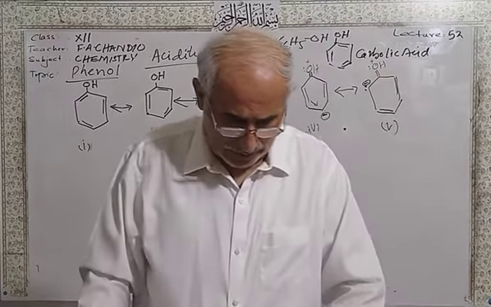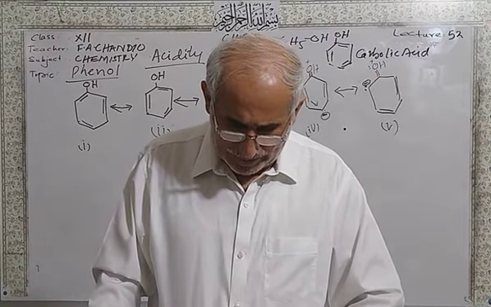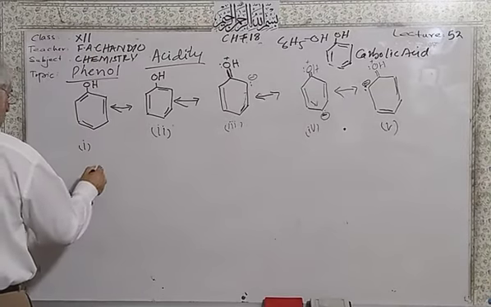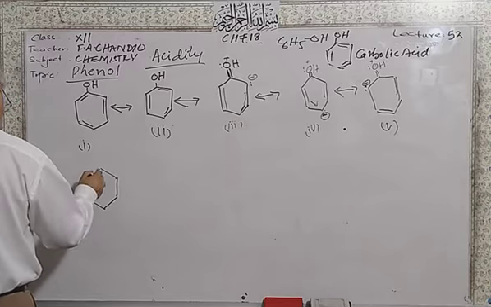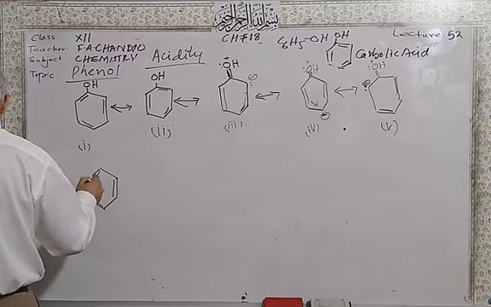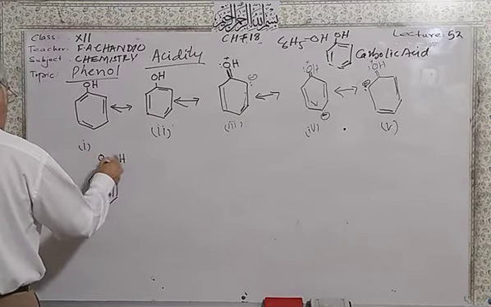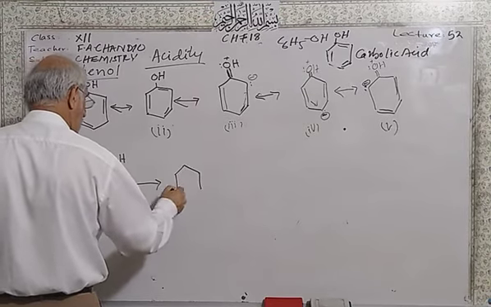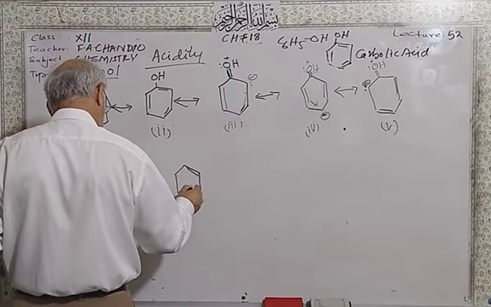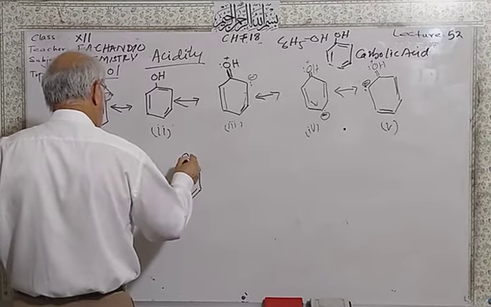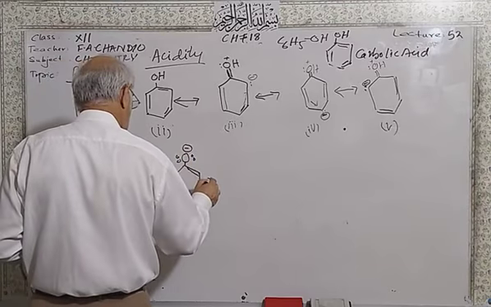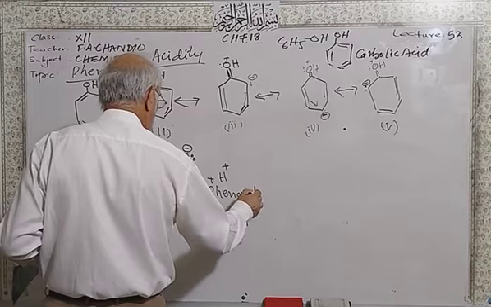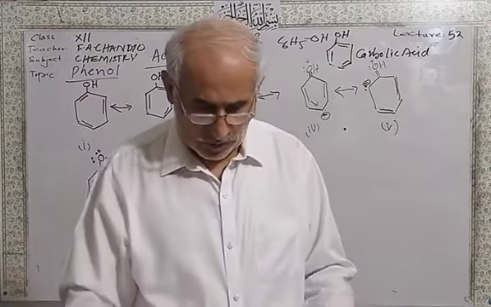With the electron pair bond leading to release of the hydrogen atom as a proton, we get the phenolate ion, or phenoxide ion. The phenolate ion or phenoxide ion is going to be formed here.